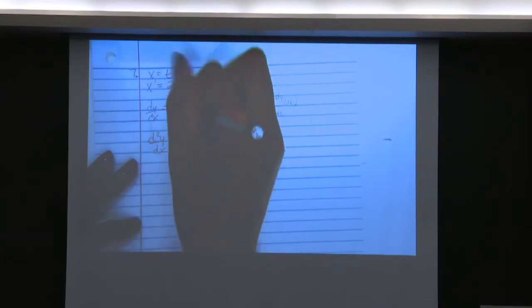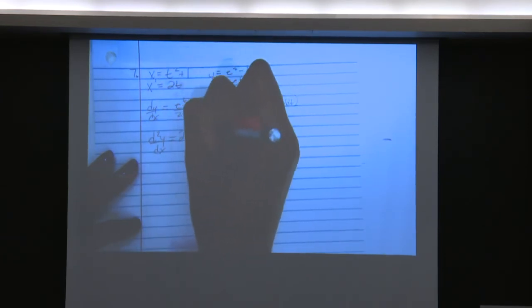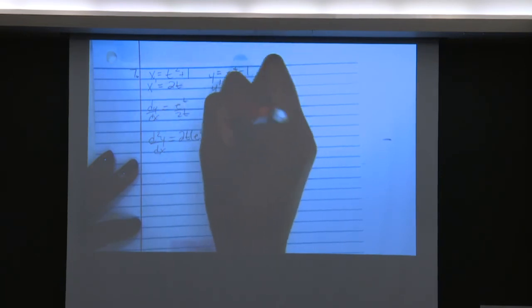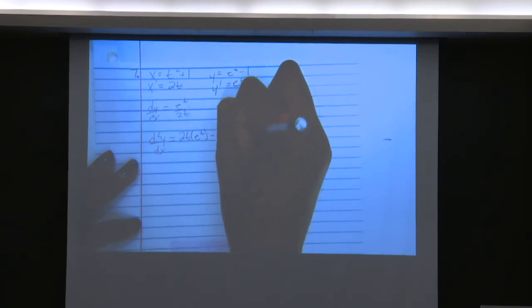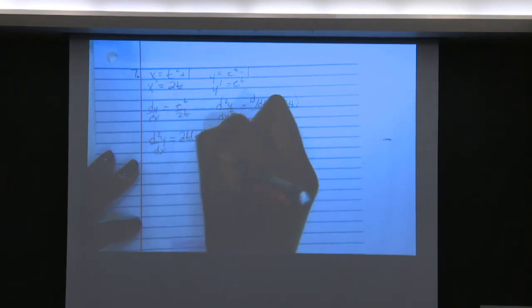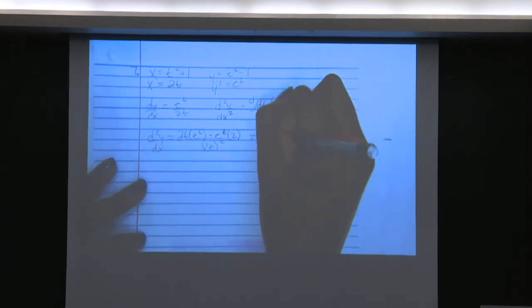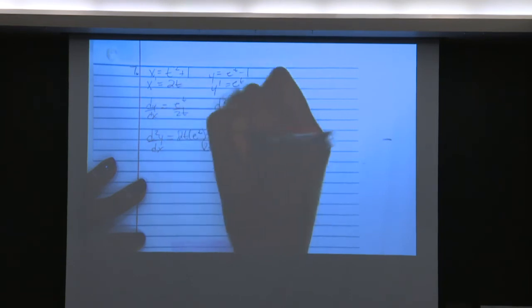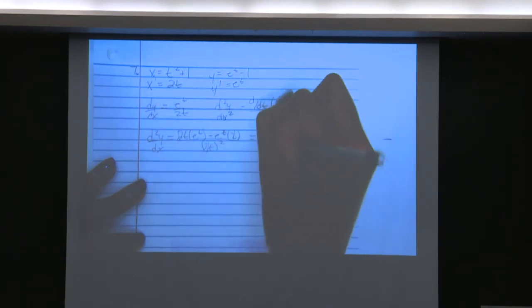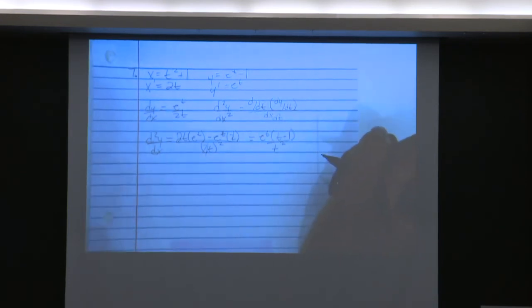So low 2t times e^t minus high e^t times 2 over 2t squared. And that is going to end up, after simplifying, because all these 2's cross out, with e^t times t minus 1 over t squared.